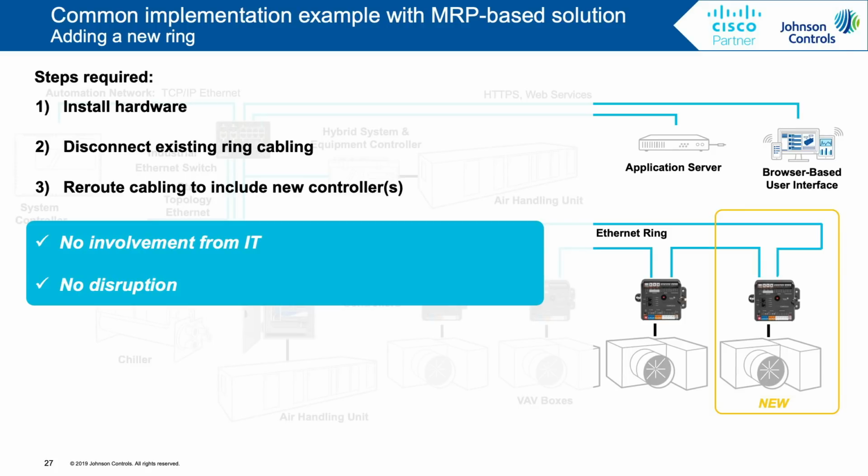It has its existing security profile installed to create a security zone for the network. And again, there is no disruption to the users, no disruption to the data flow, and no involvement from IP. The same security profile is applied across the ring to the new controller as the existing one. It's really pretty simple and straightforward and not disruptive to the rest of the building.